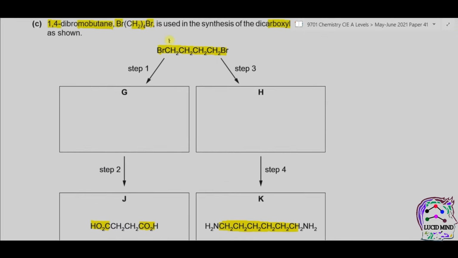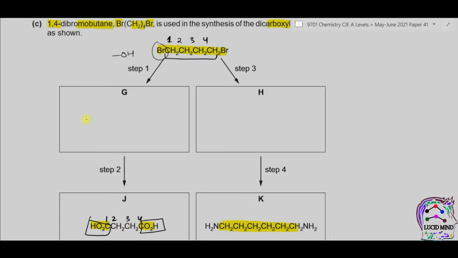In the reactant we have 1, 2, 3, 4 carbon atoms present, 2 bromine atoms are present, and in J we can see we have 1, 2, 3, 4 carbon atoms present, and bromine is replaced with carboxylic acid groups. So now what we can do is that first we can convert bromine into alcohol, or we can replace Br with OH.